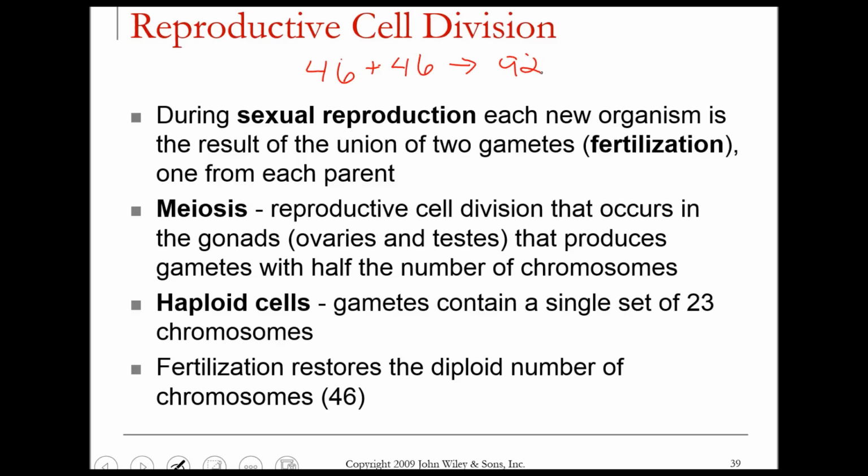So in the process of meiosis, we've got to reduce that 46 down to 23, exactly half in the male, and 23, exactly half, coming from the female, and that's going to give us a resulting final cell that has 46 total chromosomes. We call that halving of the number of chromosomes formation of a haploid cell. So those would be gametes that contain a single set, and for humans that would be a single set of 23 chromosomes. Fertilization, union of sperm and egg, will restore the diploid number of chromosomes, 46, 2 times 23.